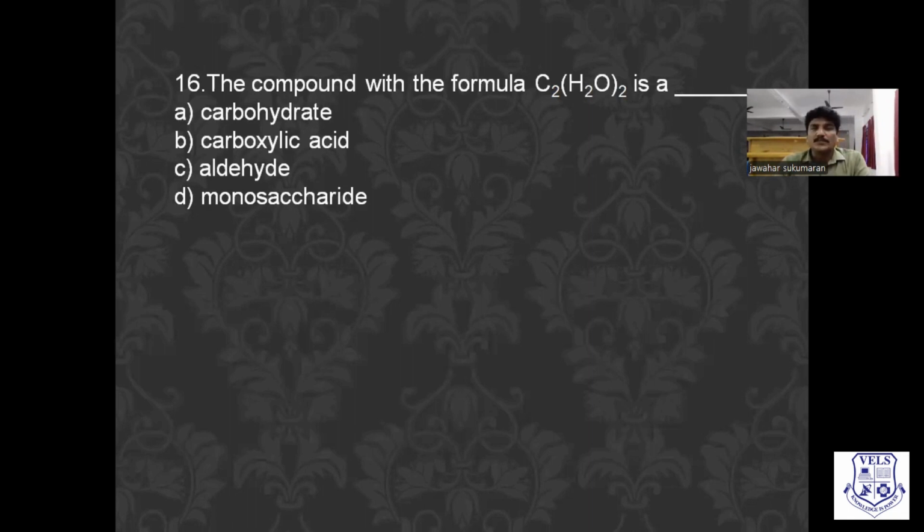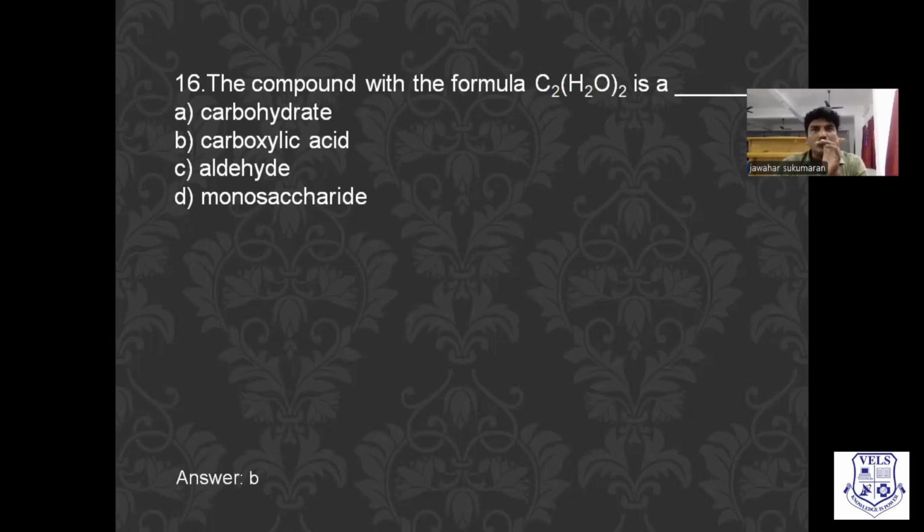The compound with the formula C2H4O2 is a dash. A carbohydrate, B carboxylic acid, C aldehyde, D monosaccharide. Correct answer is B carboxylic acid. See here, B carboxylic. The compound is acetic acid, CH3COOH. So B carboxylic is the correct answer. Even though it has the general formula of carbohydrates, C2H4O2 is not a carbohydrate.